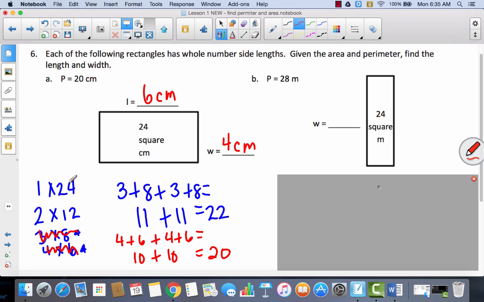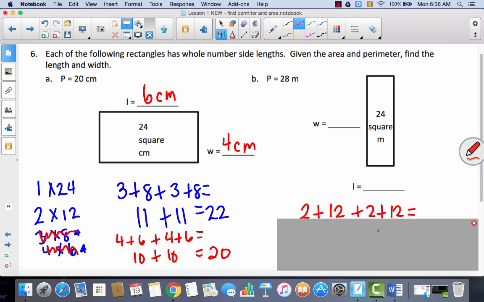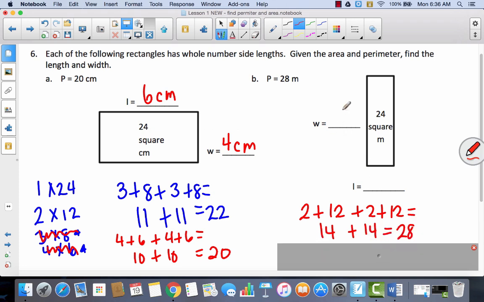And I know if I add two 25s, I'm not going to get 28. So I was pretty sure that the length and the width were 2 and 12, but I went ahead and tested them anyway. And I got 2 plus 12 plus 2 plus 12, which equals 14 plus 14, which equals 28. So that means that the long side is 12 and the short side is 2.